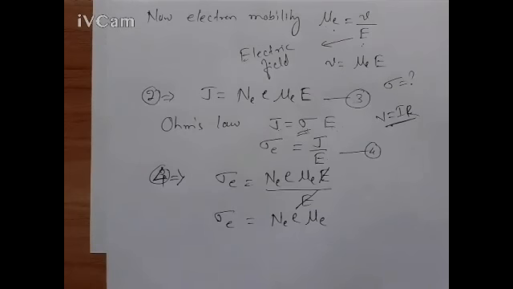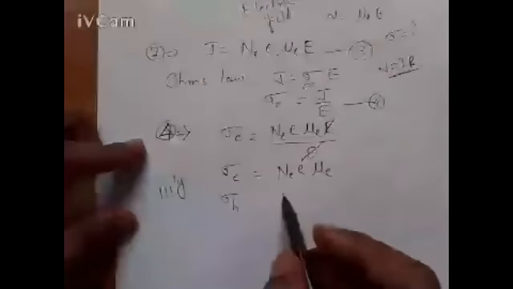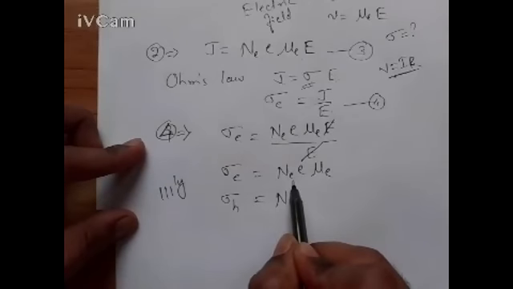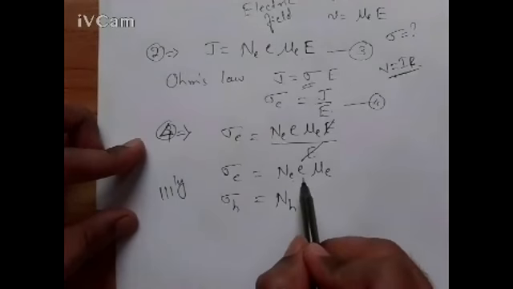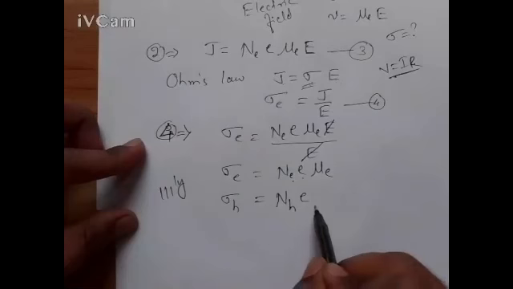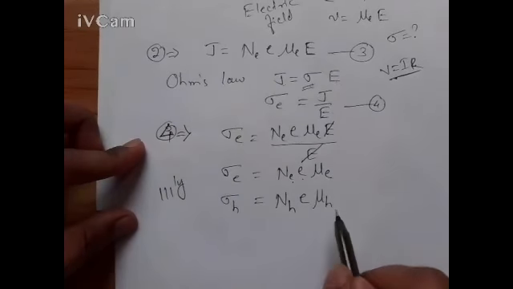Similarly, when I repeat the steps, what I get is the conductivity of holes. Instead of Ne, the concentration of electrons, we should take the concentration of holes NH. The charge on that particle will be the same, that is E. And instead of the mobility of the electron, we take the mobility of the holes.